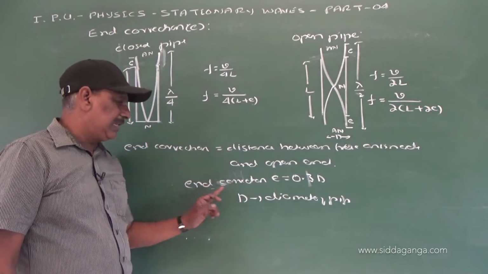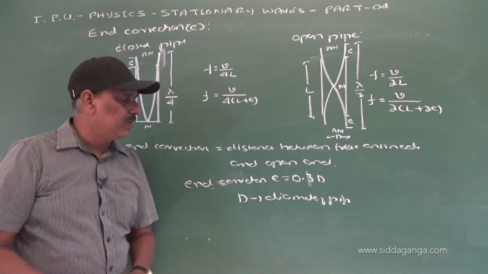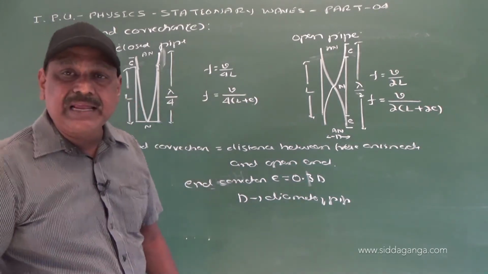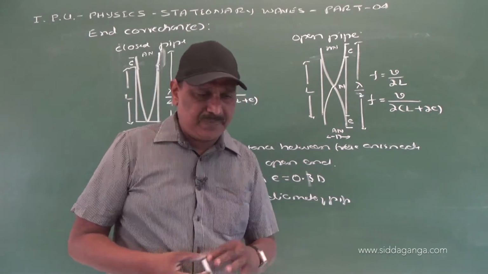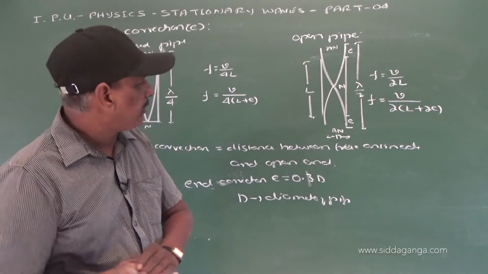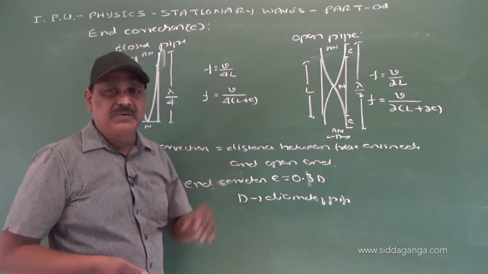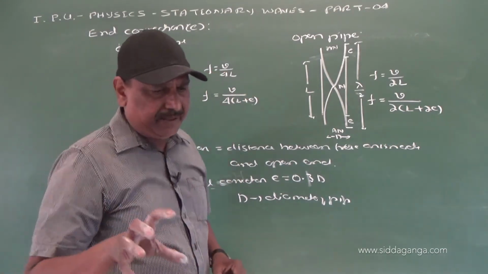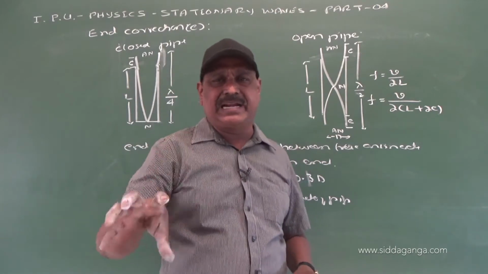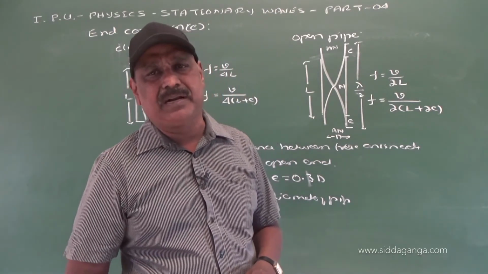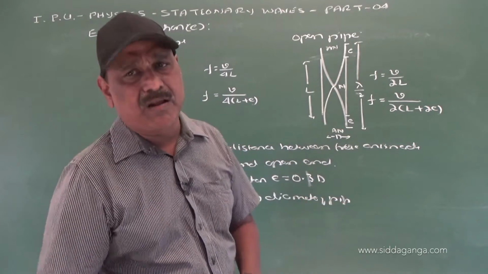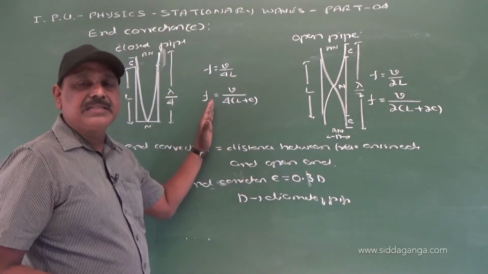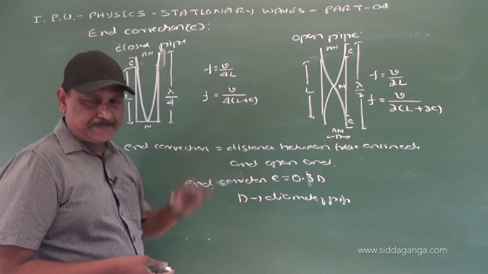So, for ordinary use, we use the formula F is equal to V by 4L. When we need to measure the accurate value of a fundamental frequency or harmonics, we need the corrected formula.